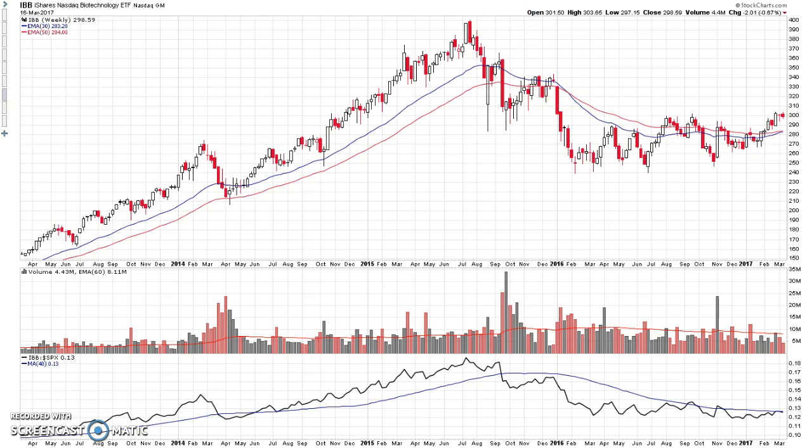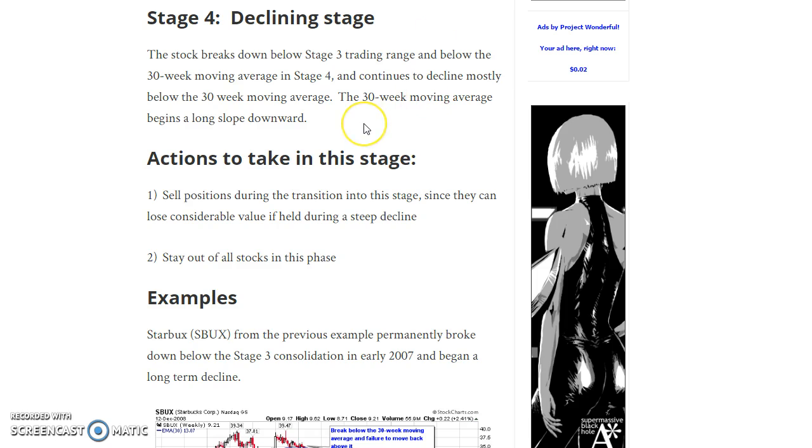The number one rule of stage analysis, if you go to my stage analysis page at nextbigtrade.com, is to stay out of all stocks in stage 4. The reason you do this is because it prevents you from taking big losses. Taking major losses is the only way to knock yourself out of the investing game.